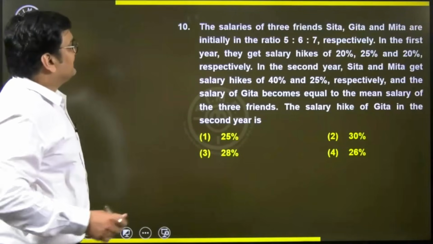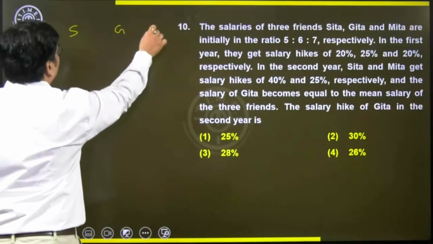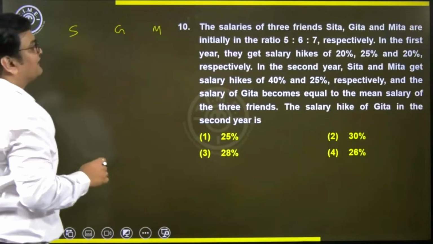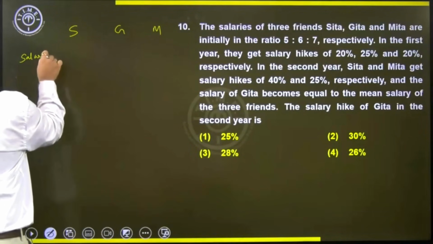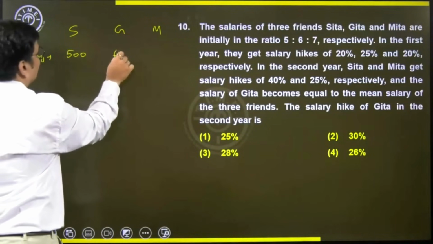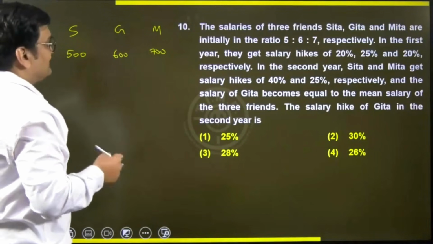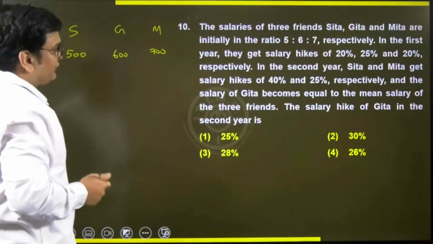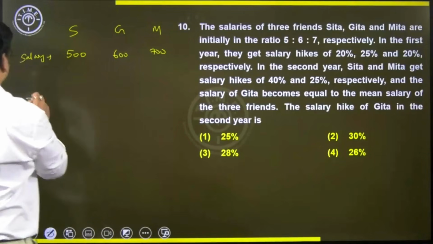10th one: the salaries of three friends Sita, Geeta and Meeta, S, G and M, are initially in the ratio 5:6:7. I may take it as 500, 600 and 700 because that is convenient. In the first year, they get salary hikes of 20%, 25%, 20% respectively.